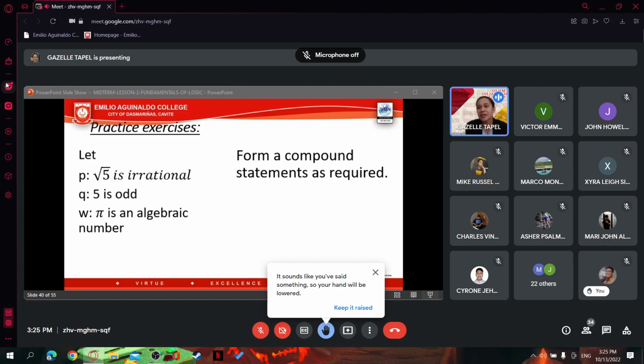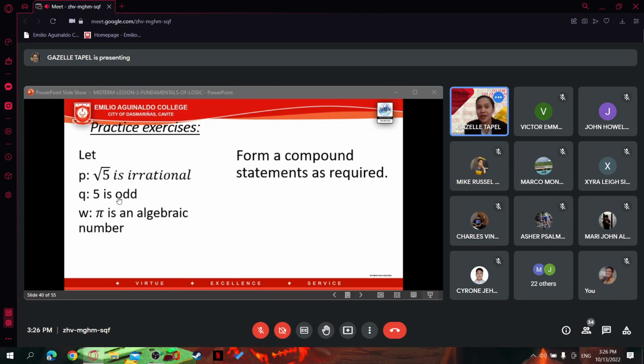A compound statement or a compound proposition is a statement with two or more simple propositions connected by logical connective. So connective na and tsaka or, mga ganun, o kaya ay not. Pag pinagsama-sama mo ang mga simple na propositions, makakabuo ka ng compound statement.